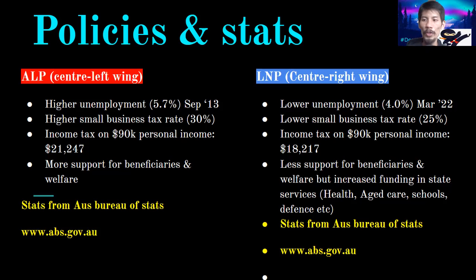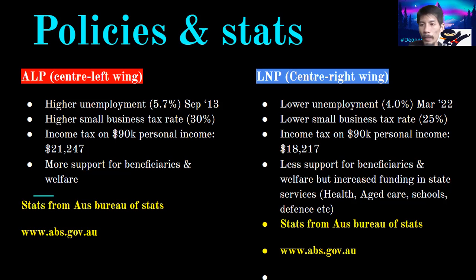So some official stats. Defence spending, Labor spent 1.56% of GDP back in 2013 towards defence. The Liberals spent 2%. Labor opened 17 detention centres for illegal immigration. LNP closed 19.